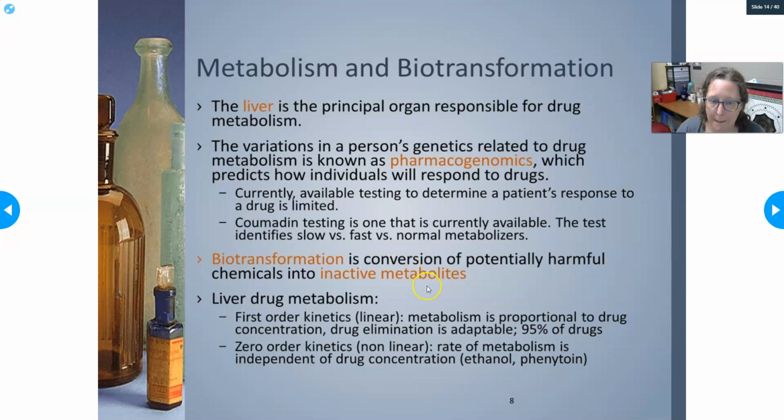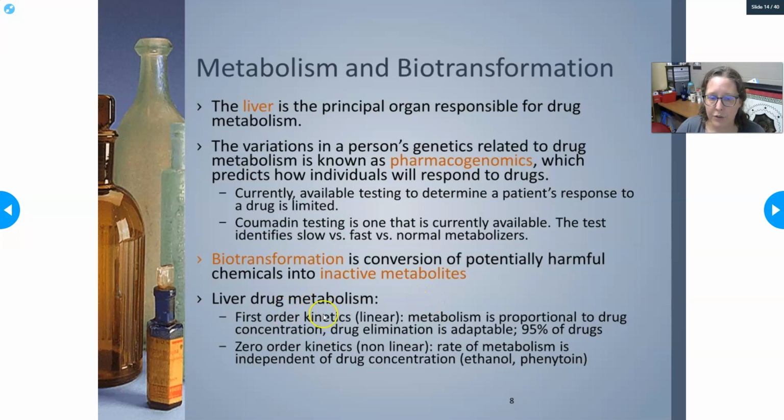Okay, so biotransformation is the conversion of potentially harmful chemicals into inactive metabolites. This is what the liver does. There are two types of reactions, based on how enzymes work.